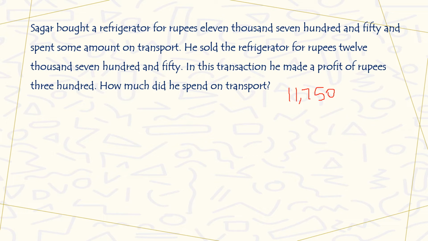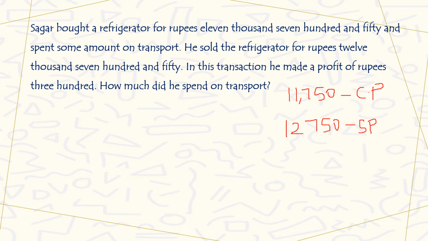He sold the refrigerator for rupees 12,750. This was the cost price of it, and he sold it for rupees 12,750. That was the selling price that he sold for.